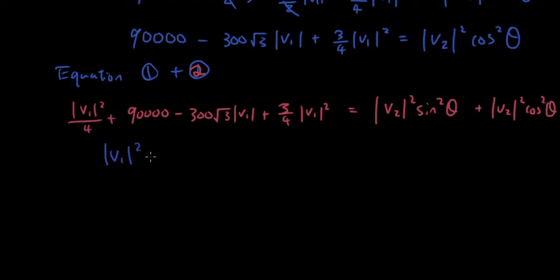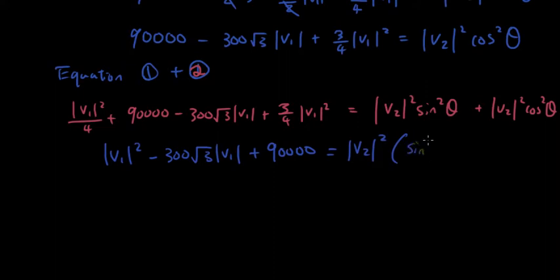Okay, v1 squared plus, let's do the second term first, minus 300 square root of 3 v1 plus 90,000. This is looking very similar to a quadratic, equals v2 squared. Now I'm going to factorize v2 squared out, so I will get sine square theta plus cos square theta.